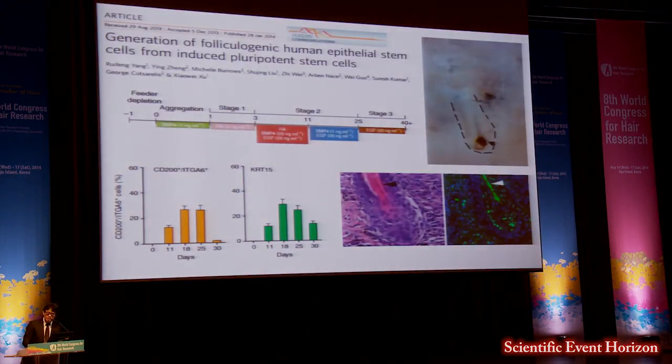And recently, the group from the University of Pennsylvania successfully generated the bulge stem cells from the human iPSCs.